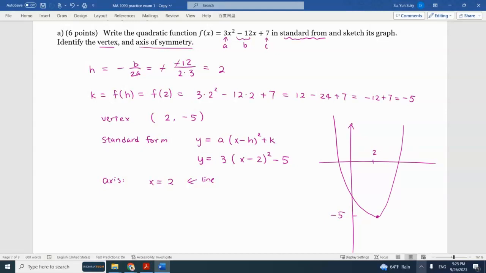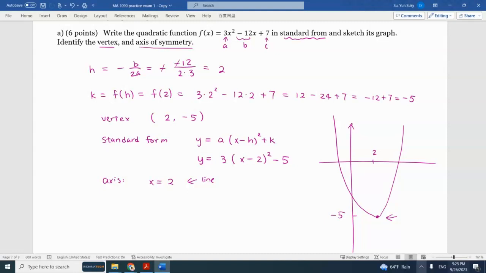So this is what I require you to do in the exam. Read the problem carefully, standard form, the vertex and axis, and then sketch the picture. The picture just needs to identify the vertex and tell me it's open up or open down. It does not need to be very accurate, so you don't have to find the x-intercept.